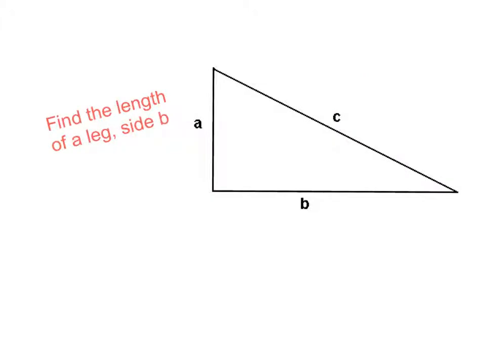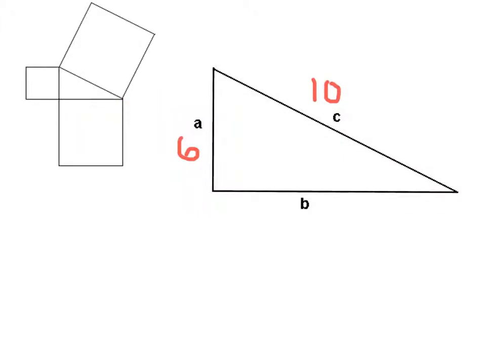Let's try one here where we're trying to find a leg. Let's say that side A was 6, B was unknown, and we knew the hypotenuse length is 10. We need to remember that the hypotenuse is the longest side.